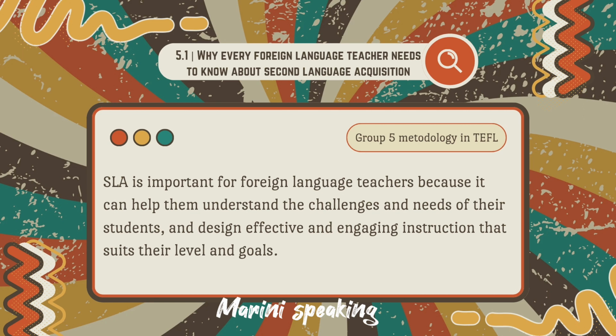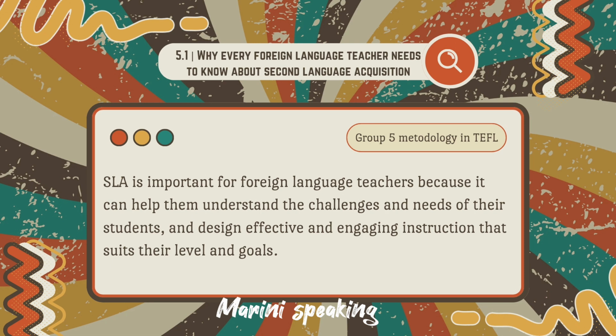For example, some common stages of SLA are the silent period, the formulaic speech stage, the structural development stage, and the fluency stage. Knowing the stage can help teachers provide appropriate input, scaffolding, and correction for their students.